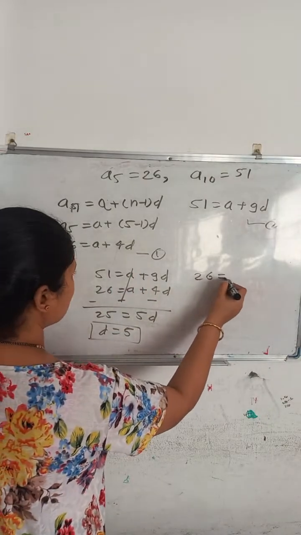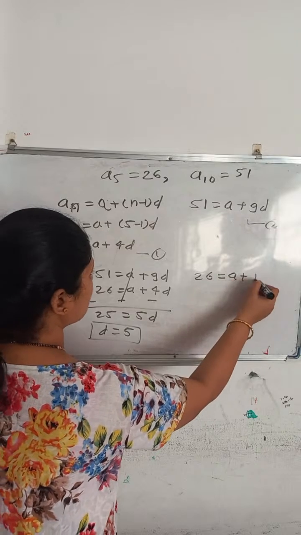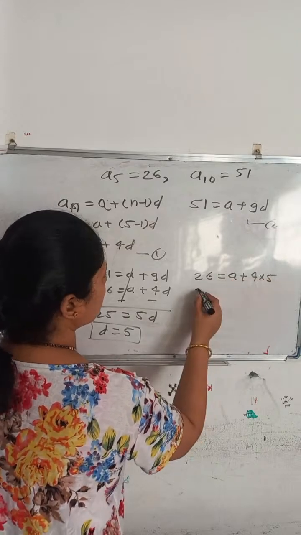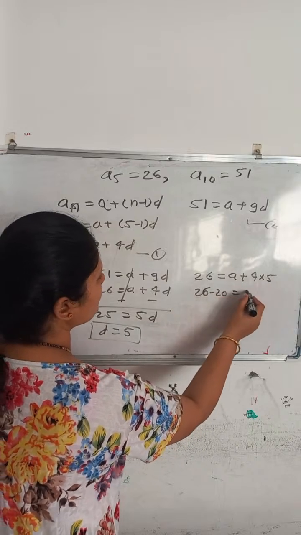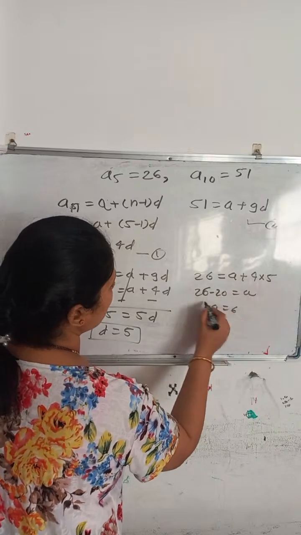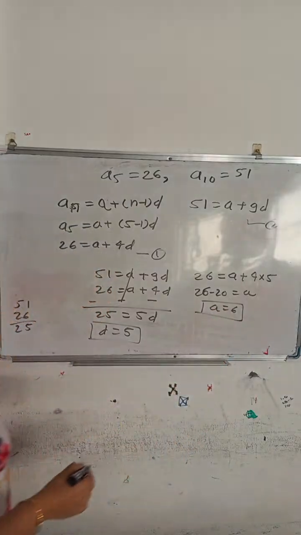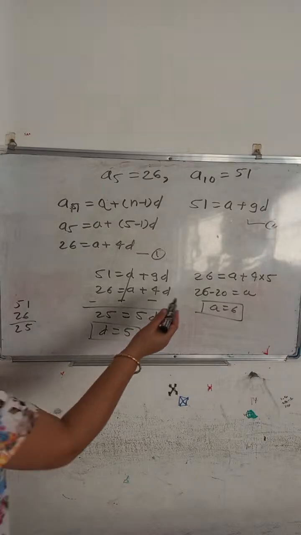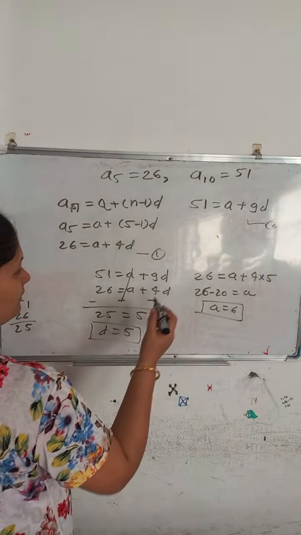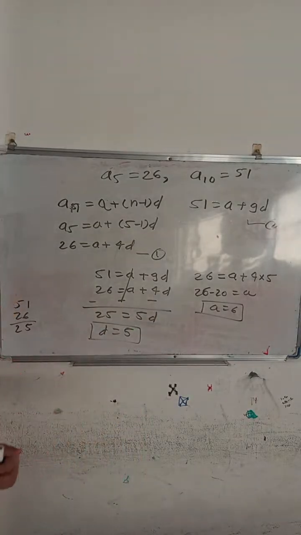Okay. 26 is equal to A plus 4 into 5. So 26, 5 4s are 20, minus 20 is equal to A. A is equal to what? 6. Okay. And what are they asking here? Find an AP. A you got, D you have. So how are we writing the AP?